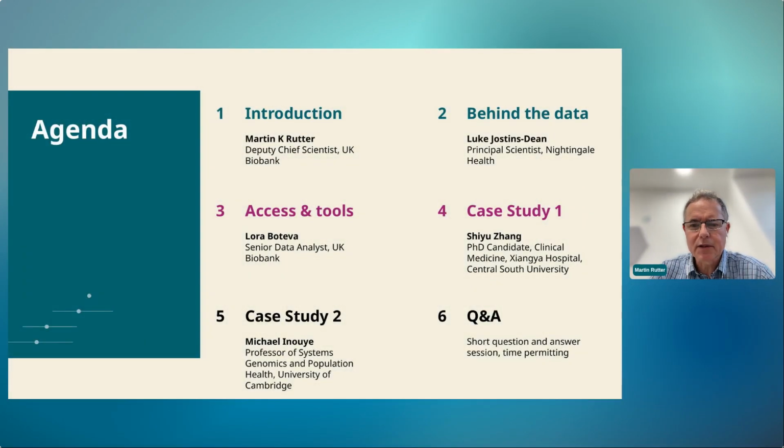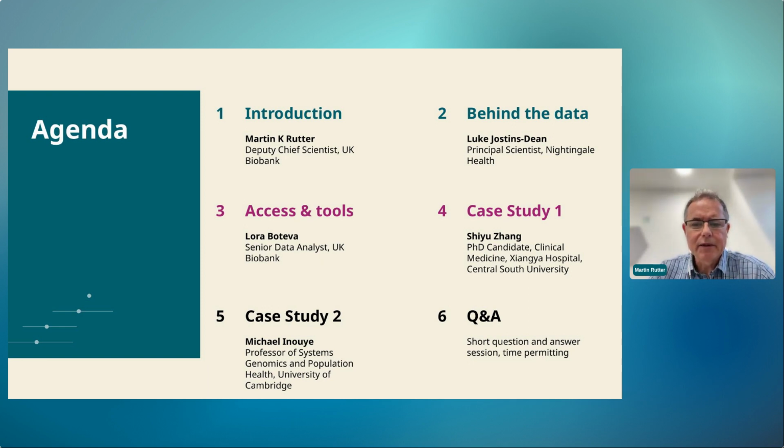Thanks so much, Laura, and thanks to Luke as well for giving us two really great presentations. Very, very helpful indeed. We're going to move on now to two case studies. So two speakers. Shelley Zhang is going to be the first up. She's a PhD candidate at Central South University in Hunan, and she's going to talk about research that's been done using these data focused on biological aging and age-related diseases.